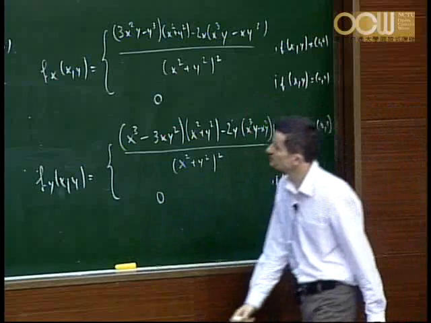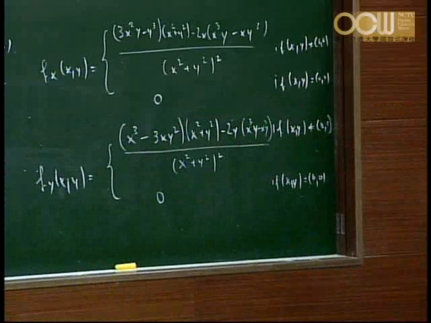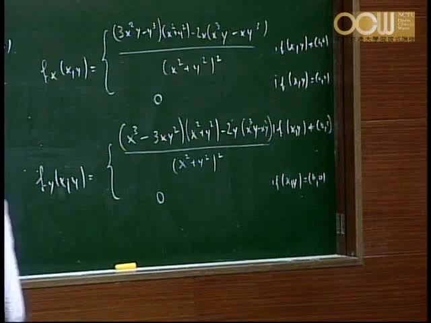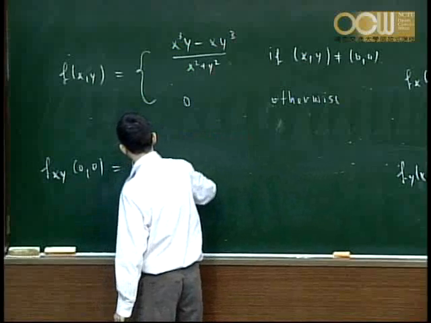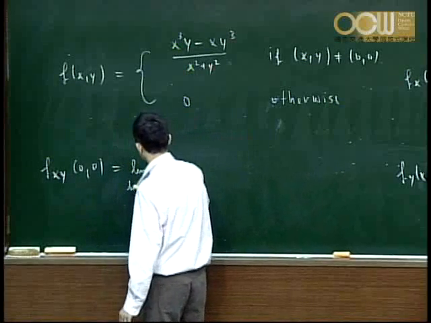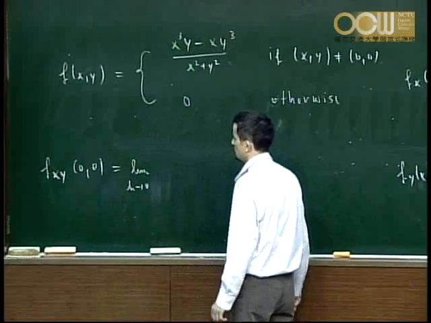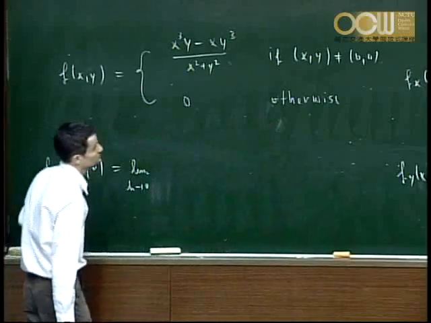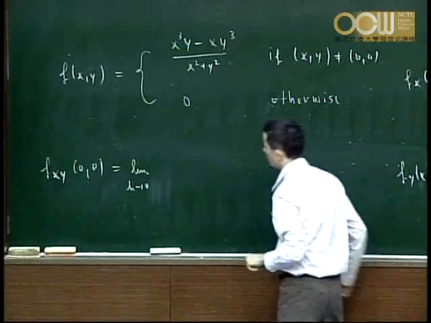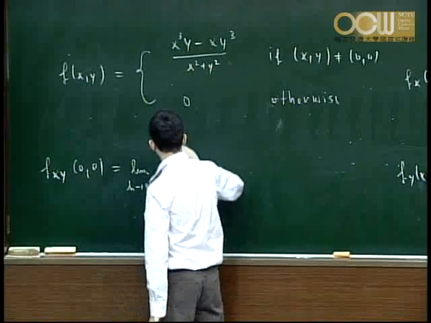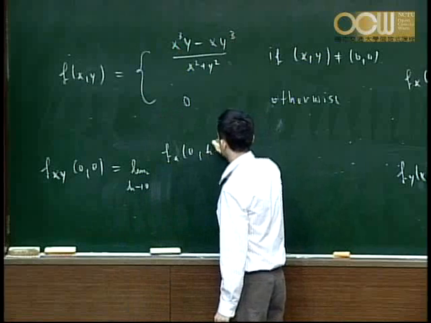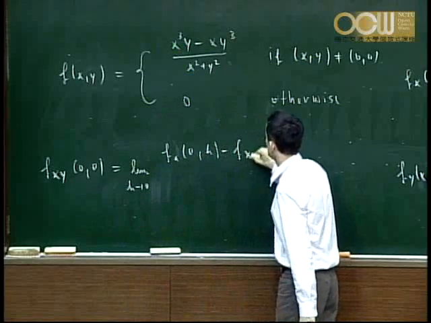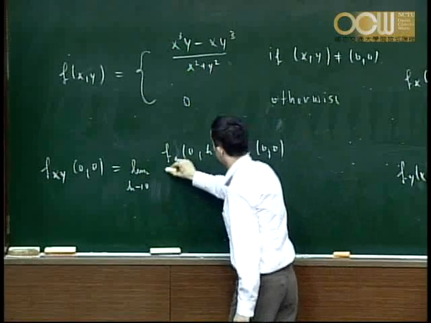Now what I really want to have is this one, f_xy at 0, 0. So this one is the limit as h tends to 0. Because the first one is with respect to x, I have to take this one, and then I have f_x at 0, h minus f_x at 0, 0 over h.